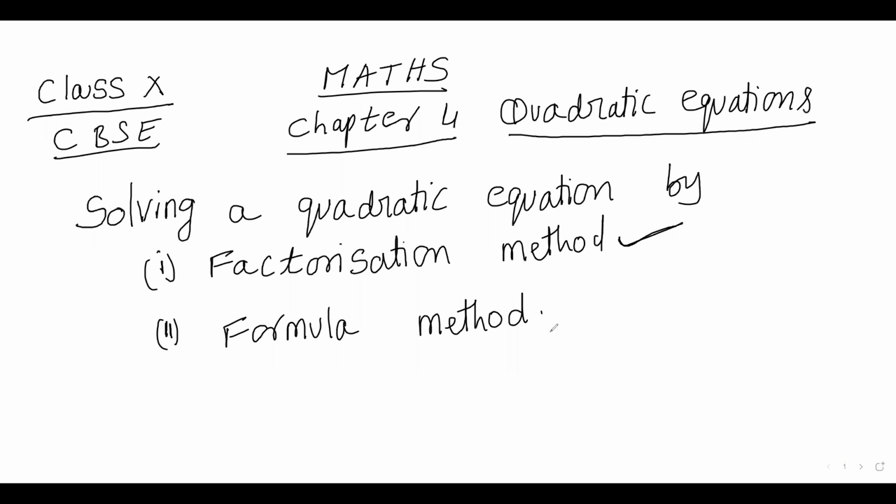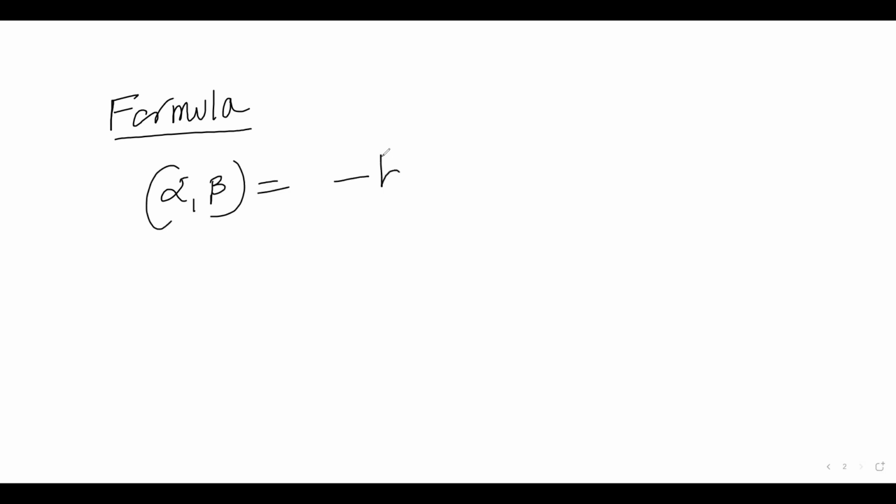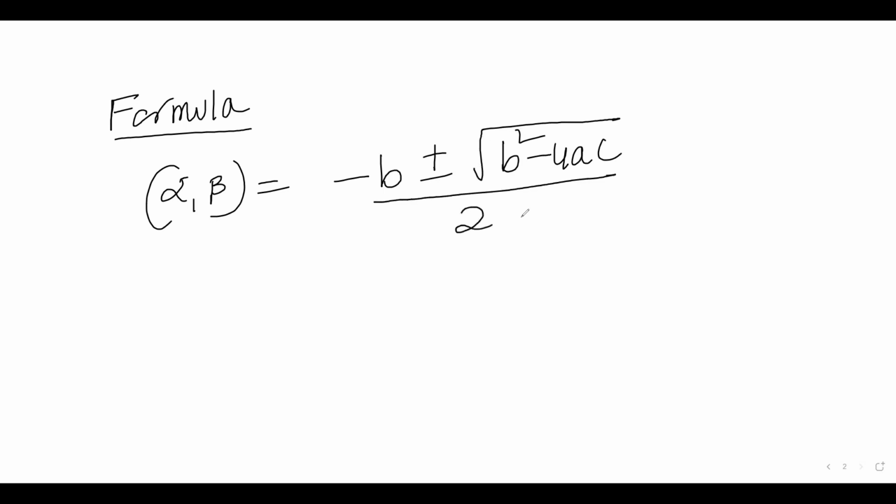The next method is formula method. So we have the formula to find the roots, and the formula is alpha comma beta is equal to minus b plus or minus under root b square minus 4ac by 2a.